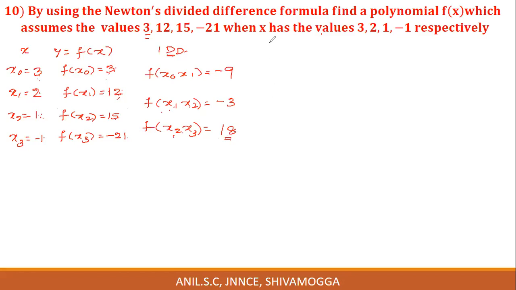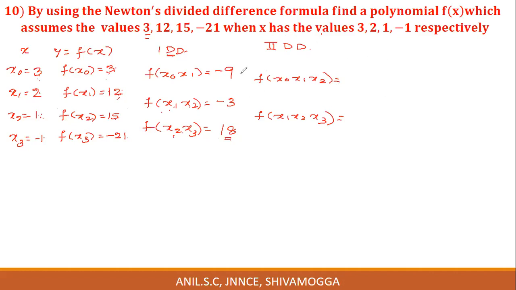These are first order divided differences. Next, the second order divided differences, denoted by f of x naught, x1, x2 and f of x1, x2, x3.